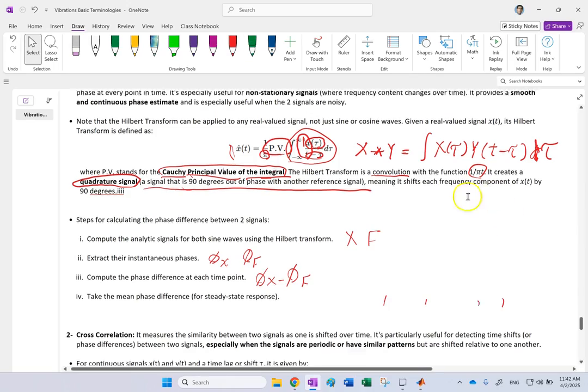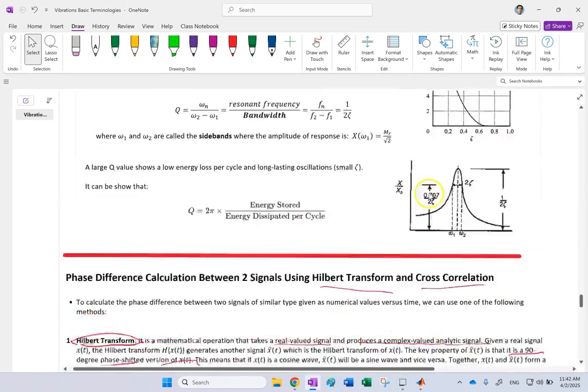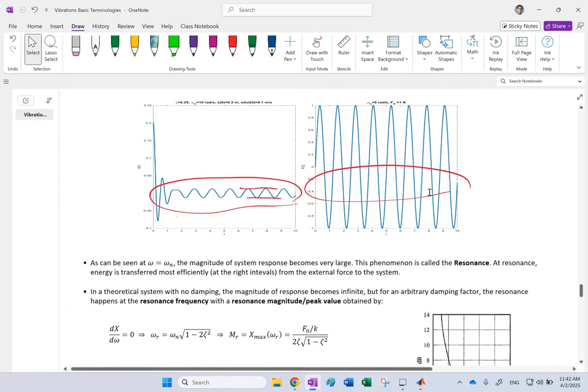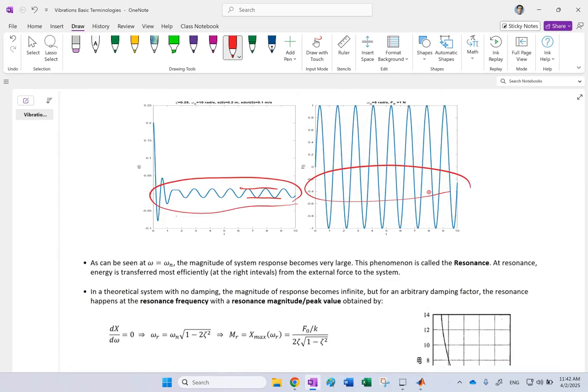right? If I go back to this picture, let's say at time 10, it calculates one phase difference. At 9.5, it calculates one. At 9, at all of these data points, it calculates one phase difference.